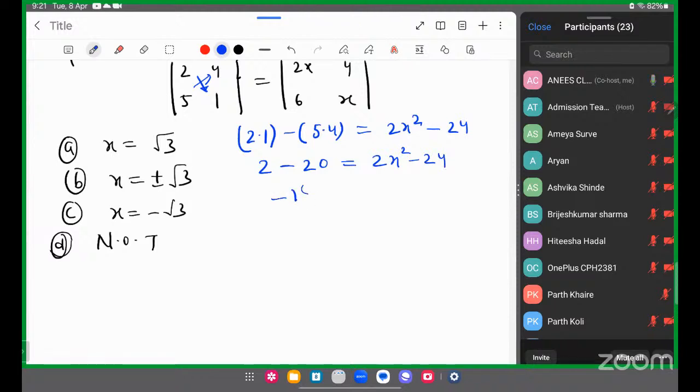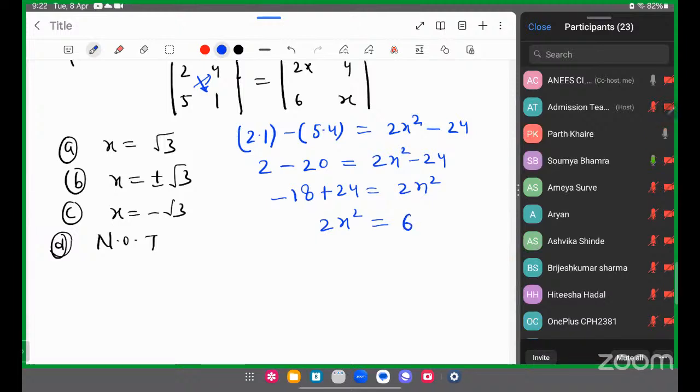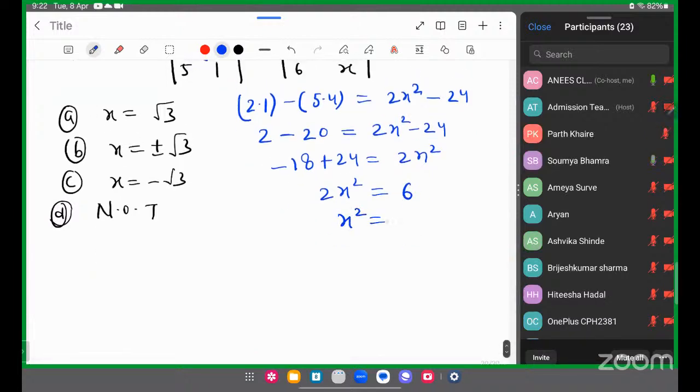This will be minus 18 plus 24 is equals to 2x square. So 2x square will be equals to how much? Plus minus root 2. So x square will be 3 and x can be given as plus minus root 3. So correct answer will be B option.